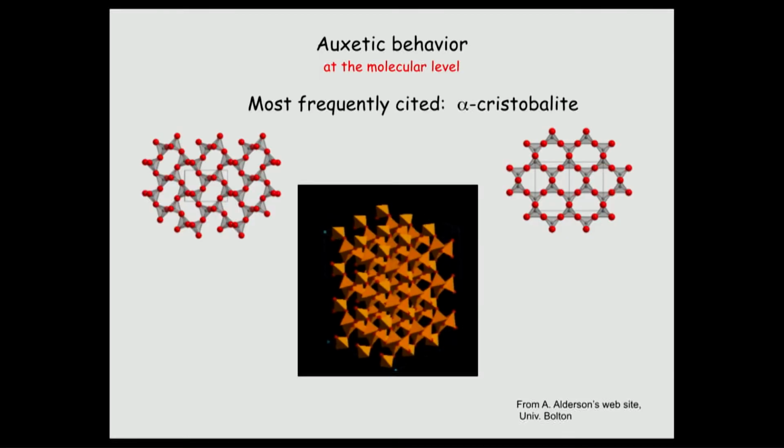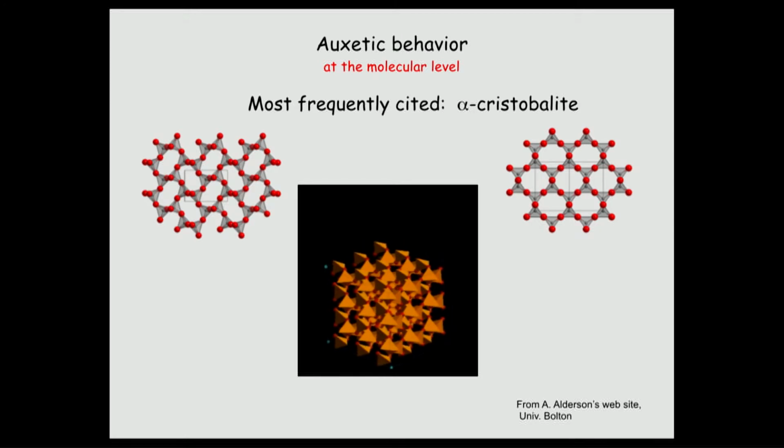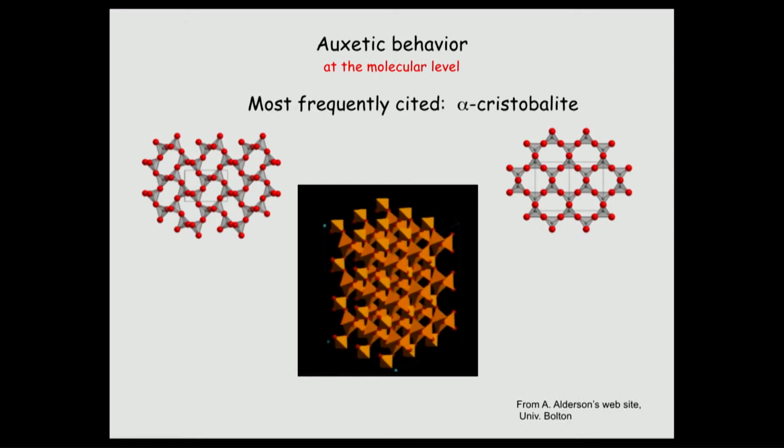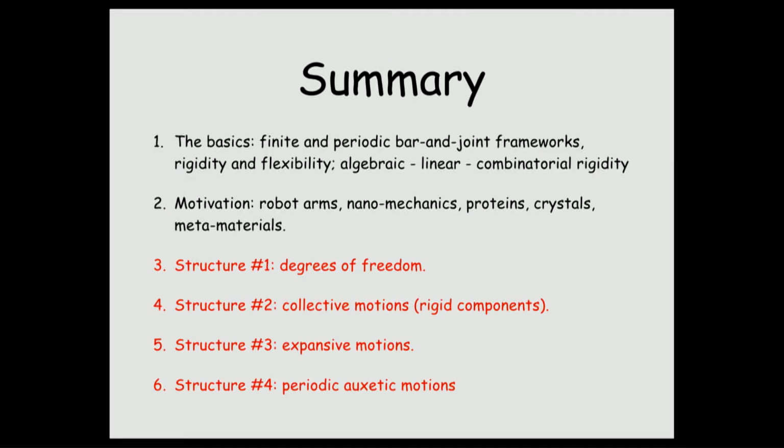At the molecular level, this is the cristobalite, and this is a simulation that claims to be a model of what the transition could have been from this state to that state, okay? Good, so now with this motivation, let me move towards the structures.